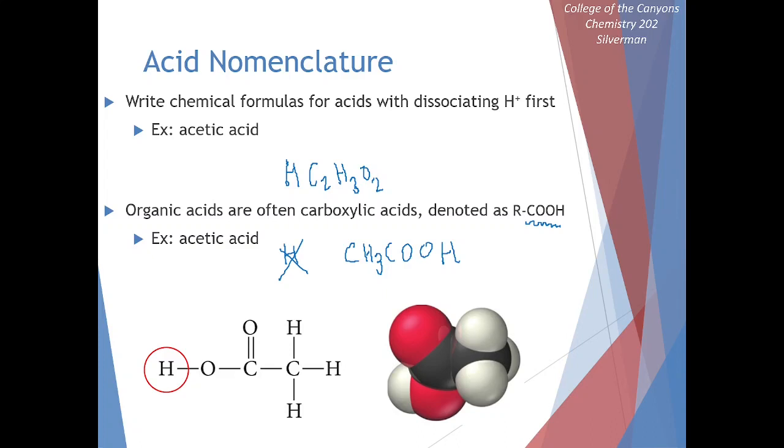Both of these are acceptable chemical formulas. Just, if we're thinking about this in terms of maybe more general chemistry or in terms of organic chemistry, we can gain a little bit of a different intuition by writing out our chemical formulas different ways. The first way we have an acid, we include the hydrogen to start with. The second way, we're cluing that we have an acid by including this carboxylic acid functional group ending.